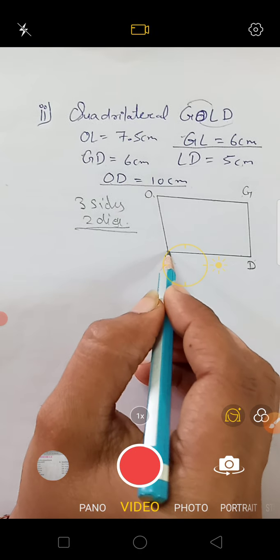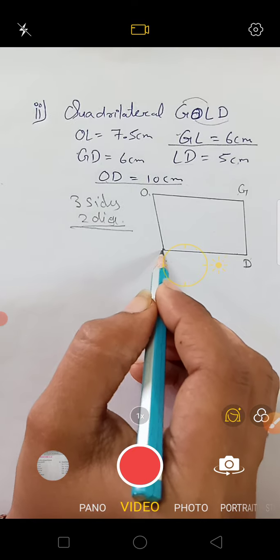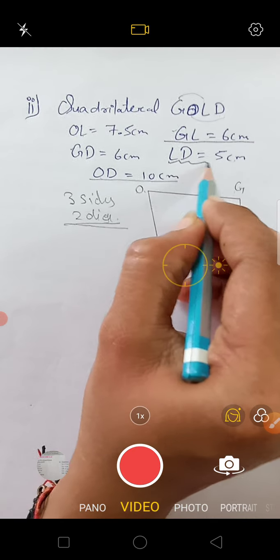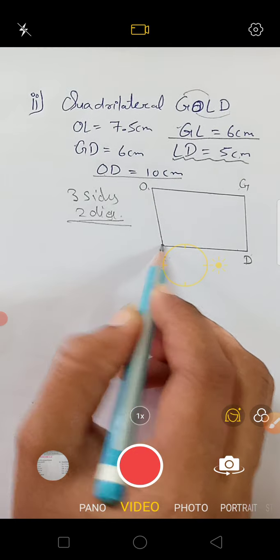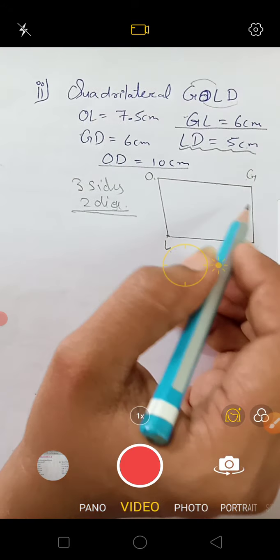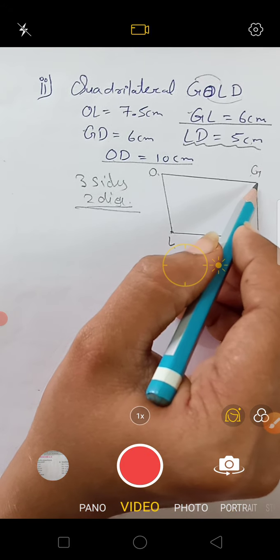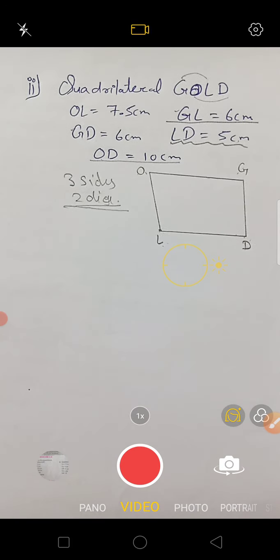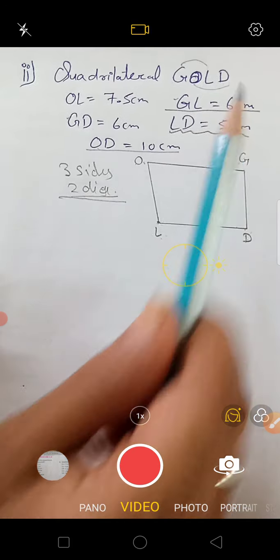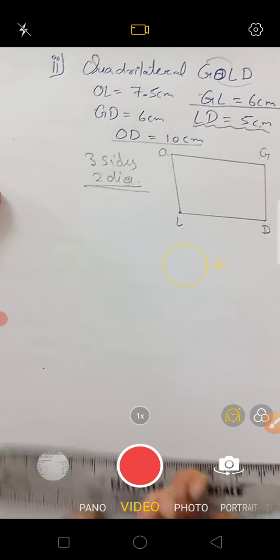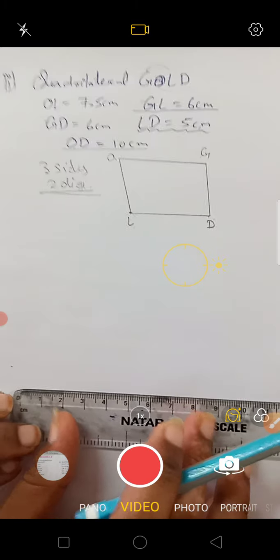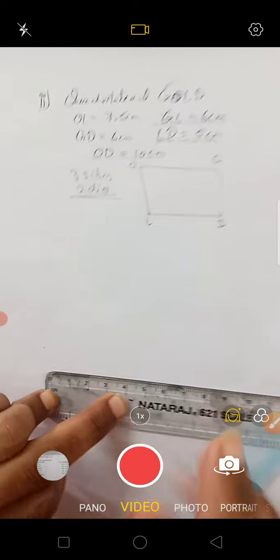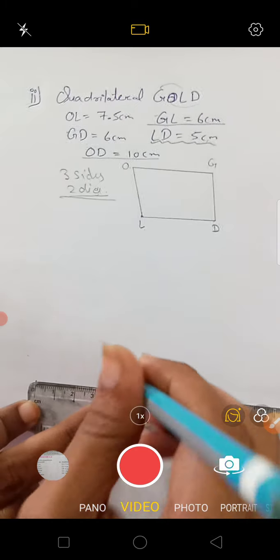First we plot the line of the first side LD, and taking L as center and D as center, by the given measurement, we plot the G point. So first we construct LD 5 centimeter. Using a ruler we construct 5 centimeter of distance, so it is 0 to 5.